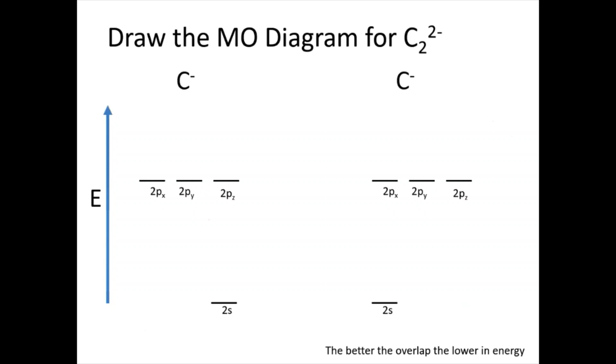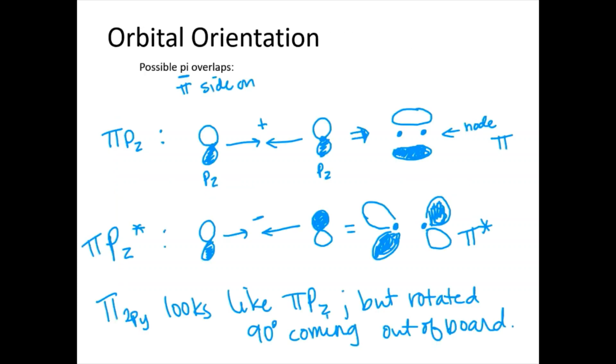And the p orbitals, when they come together, right, they touch right here and right here, or they push away from each other. Let me go back to that slide. So they push together, right, or they come back out. And so pz is when it's oriented along the z-axis. And then the py one looks exactly the same, but it's rotated 90 degrees in and out of the board, right? So now these two can either overlap at the front, or they can repel each other depending on if we add the wave functions or subtract the wave functions. Okay, so that's kind of what it looks like.